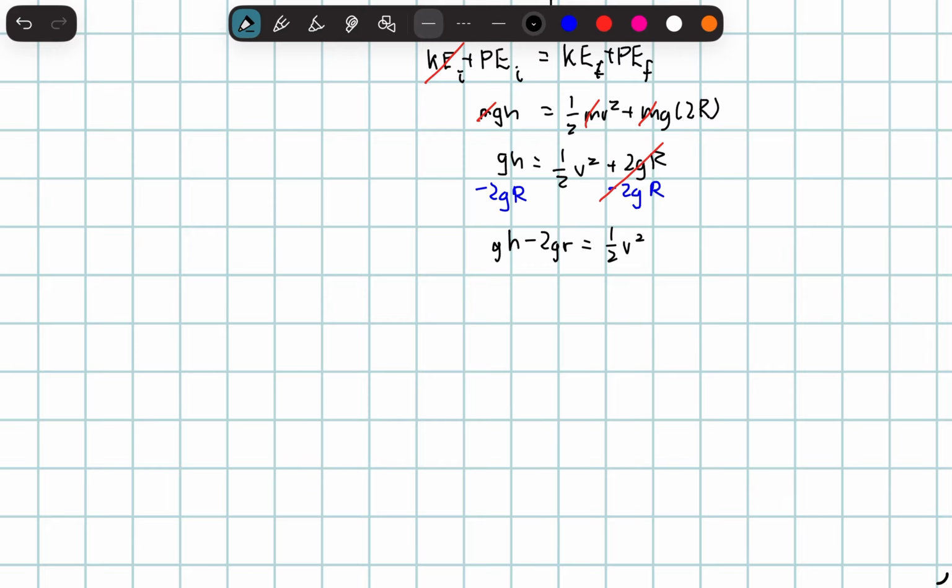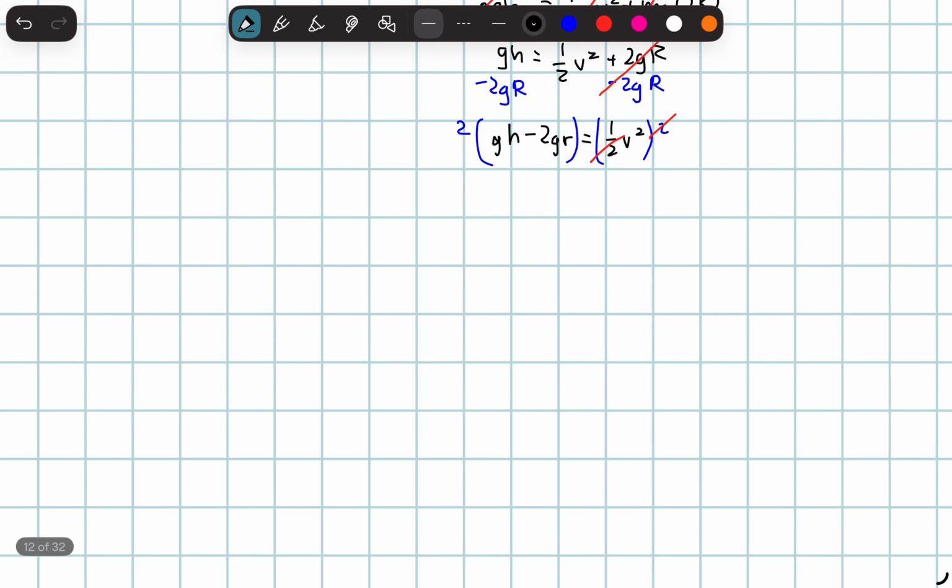Now we can multiply both sides by 2 because we want to cancel out that fraction. We multiply each of the terms, so we have 2gh minus 4gr is equal to v squared.